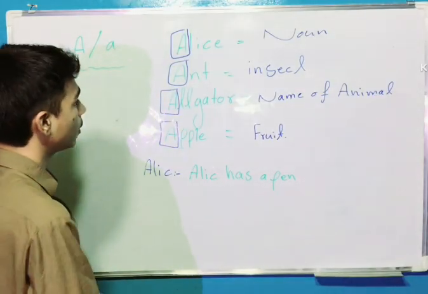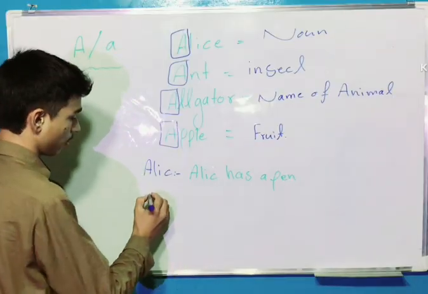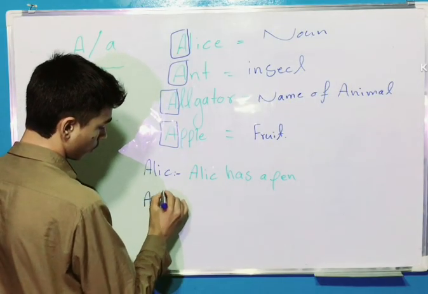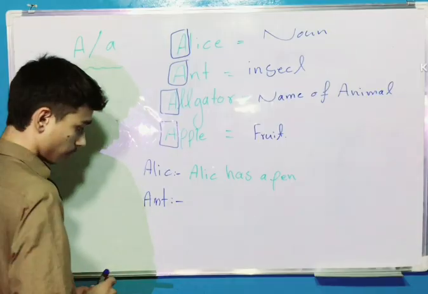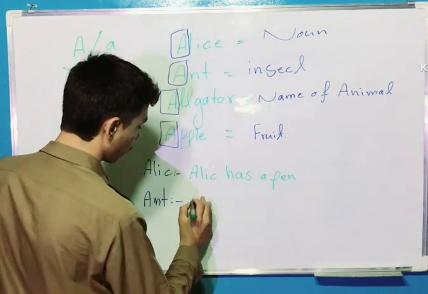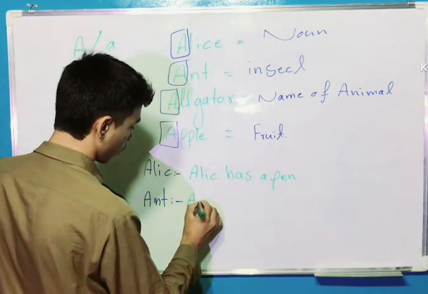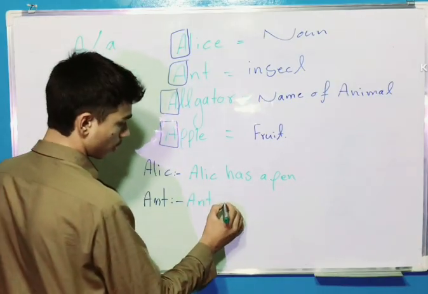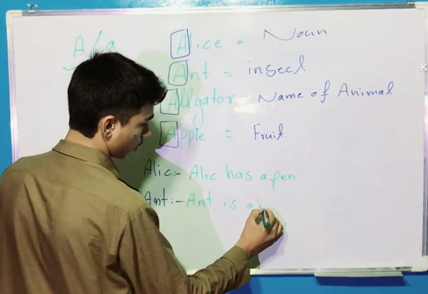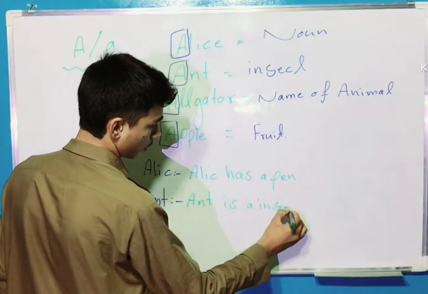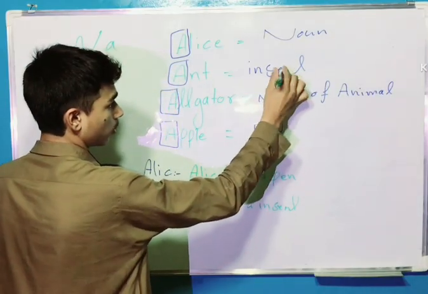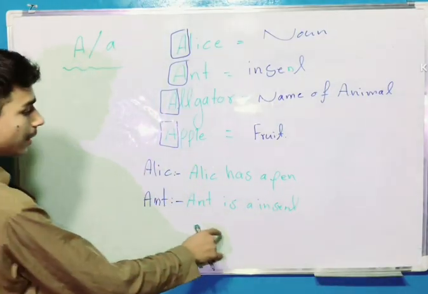And the second one is ant. Name of insects. An ant is an insect.